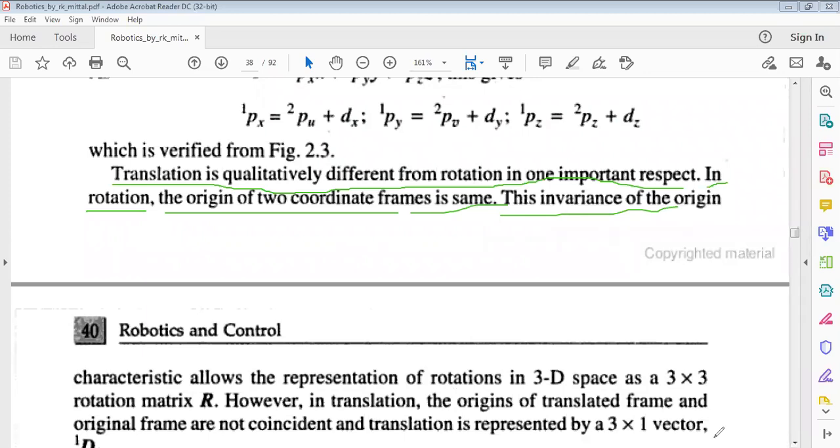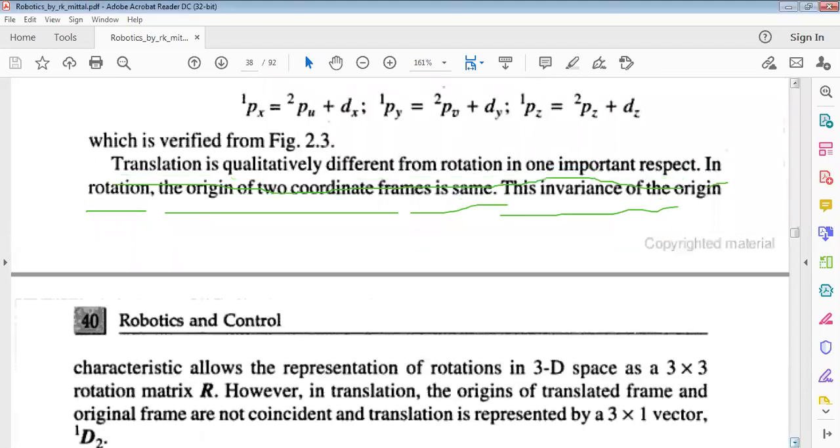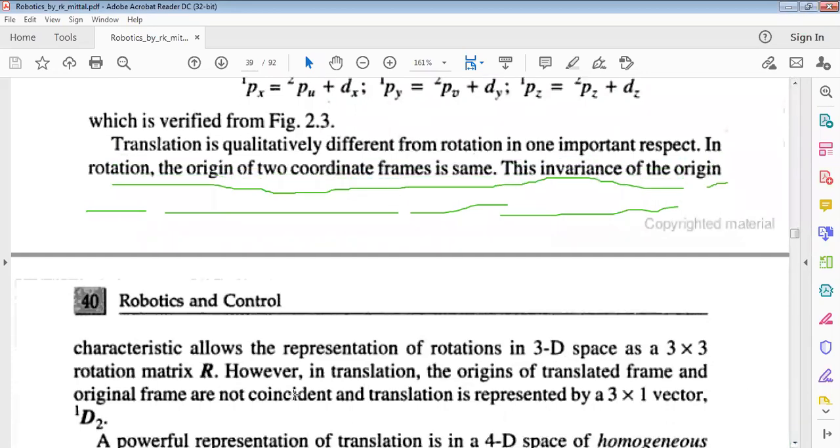From this point, you may know the difference: why the rotation matrix is represented as 3x3, and why the vector is represented as a column matrix. In the rotation case, both the origins of the frames are at the same point.